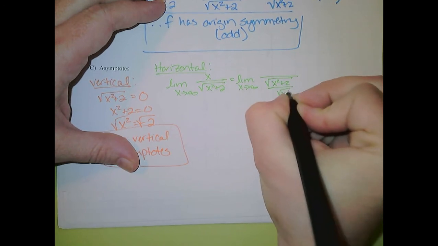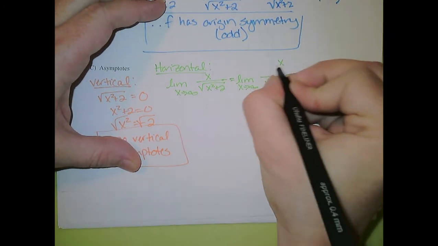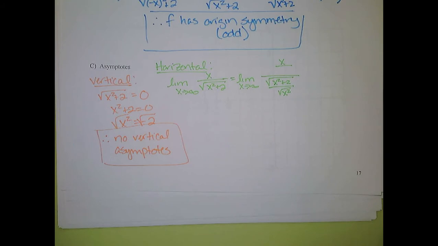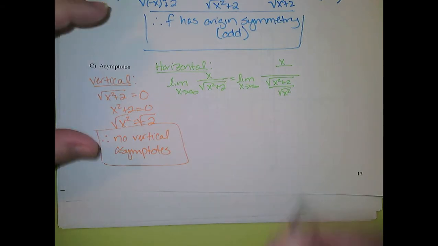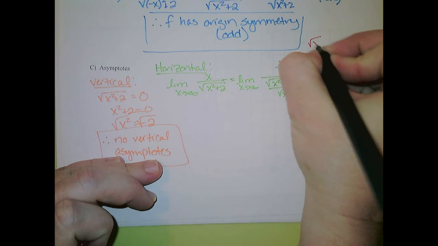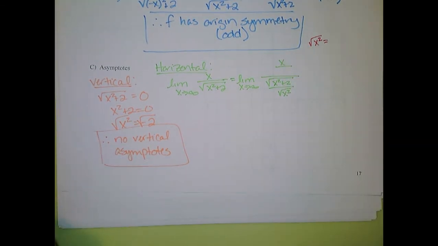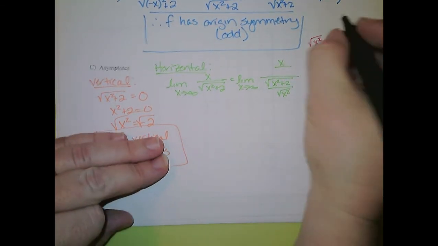I'm also going to do that with my numerator, but before I do that, I'm going to think about what the square root of x squared means. If I'm dividing something by the square root of x squared, the square root of x squared is actually equal to the absolute value of x.